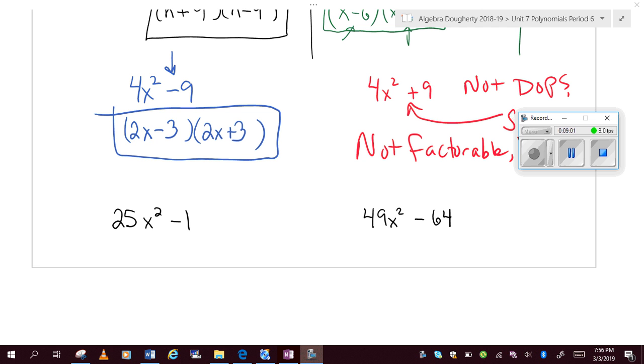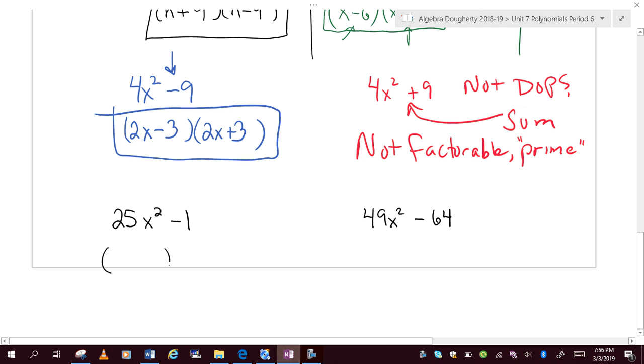Okay. Let's see. The square root of 25x squared. What's going to go in that first spot? Well, it looks to me like 5x is the square root of 25x squared, so 5x goes in the first spot. The square root of 1 is 1. So we'll put a plus and a minus 1.